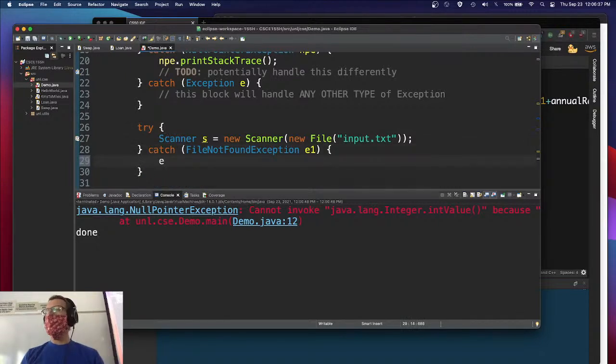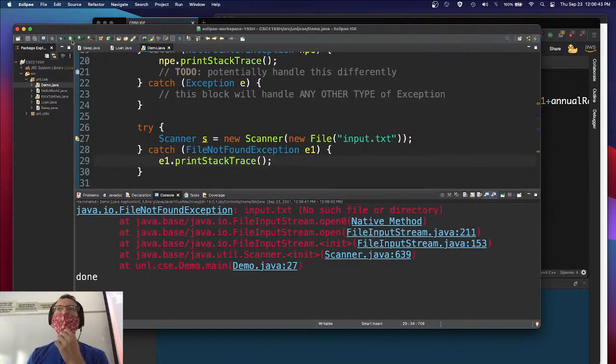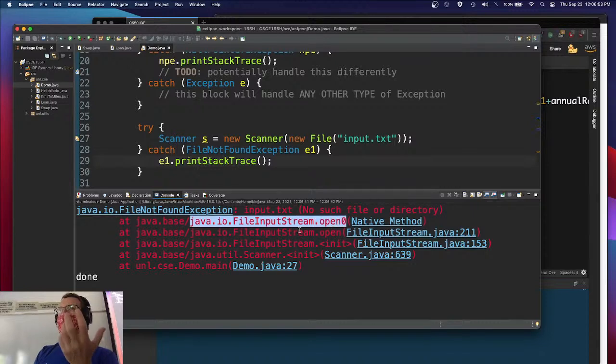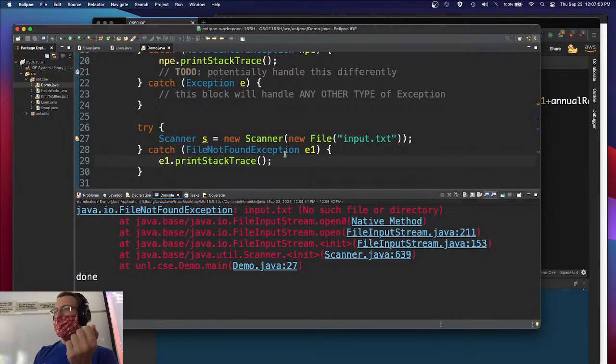Let me go ahead and just print the stack trace here, e1.printStackTrace, showing you that in fact that file does not exist. And by the way, here you see a much larger stack trace because main calls Scanner, calls FileInputStream, calls open0, and that's where it finally found out the file doesn't exist. So: no such file or directory.